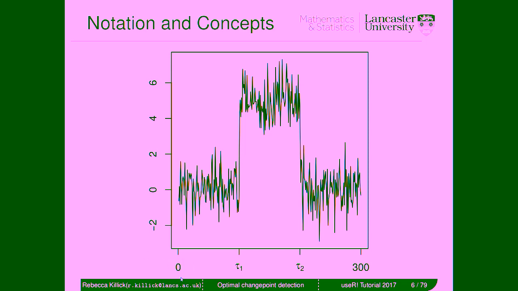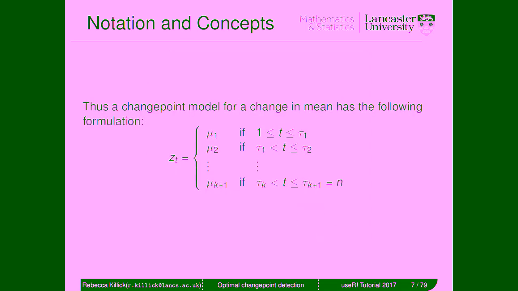Tau 0 here is going to be 0, and tau k plus 1 is going to be my last data point. That's just for notational simplicity.